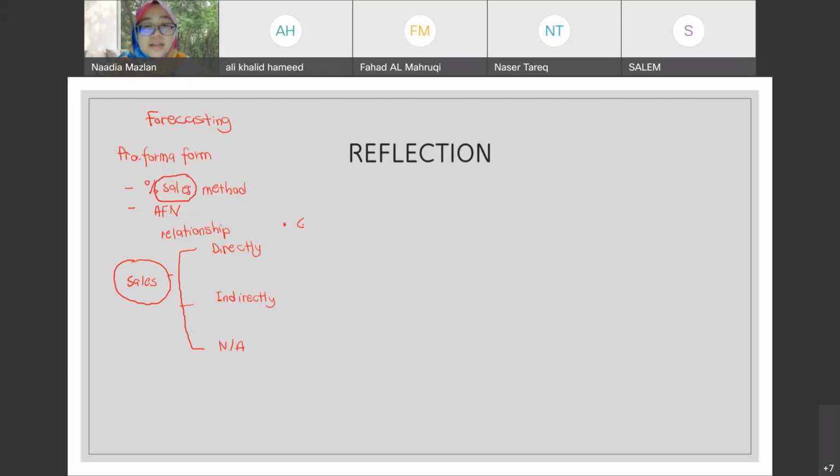What type of current assets can there be? Give me an example. Like inventory, cash, and account receivable. Yes, account receivable. What else?